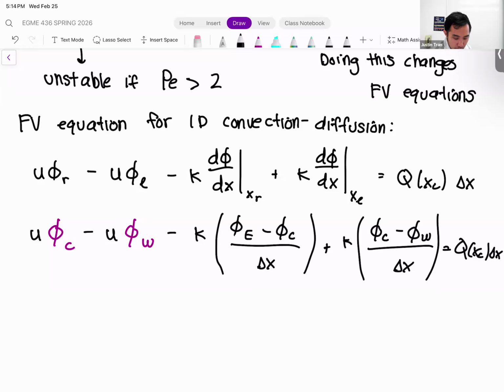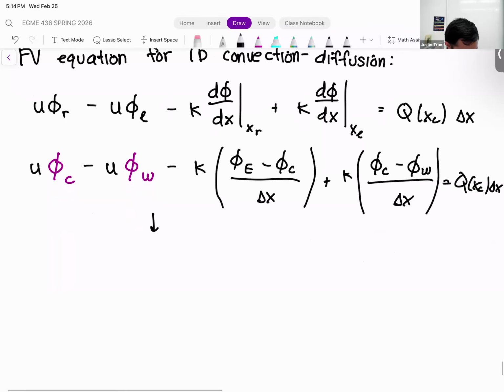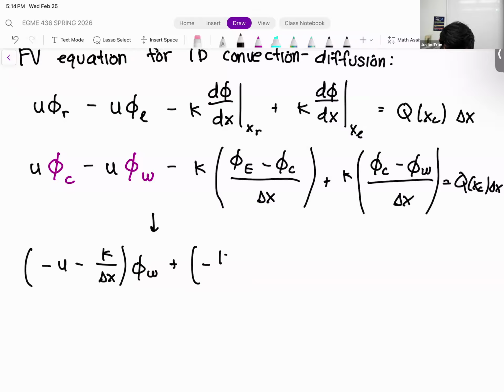Just for the sake of time, I'm going to simplify this in one step, grouping the like terms. When we simplify everything, we get minus u plus k over delta x, or excuse me, minus k over delta x, times phi sub w, plus minus k over delta x times phi sub e, the east neighbor.